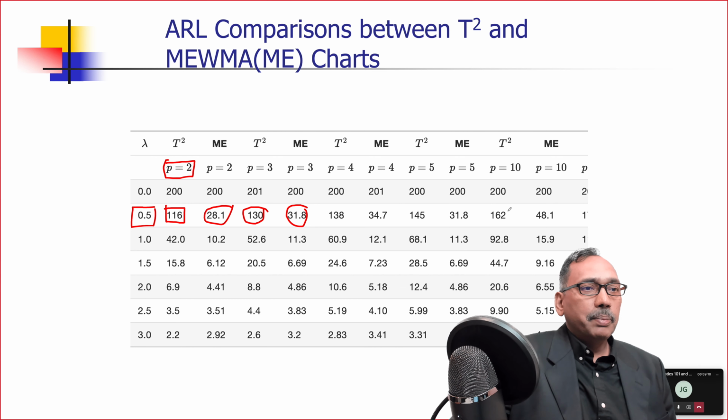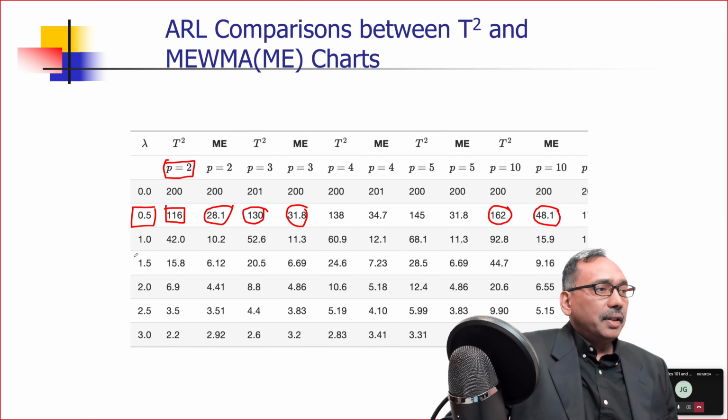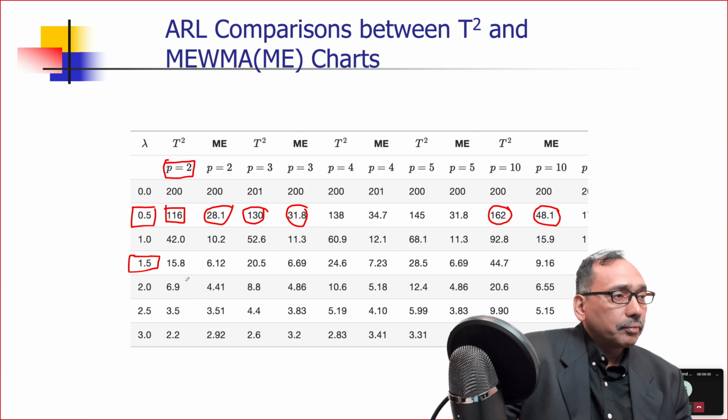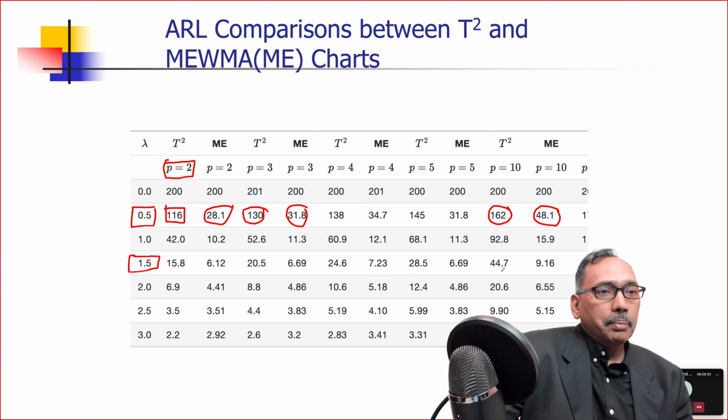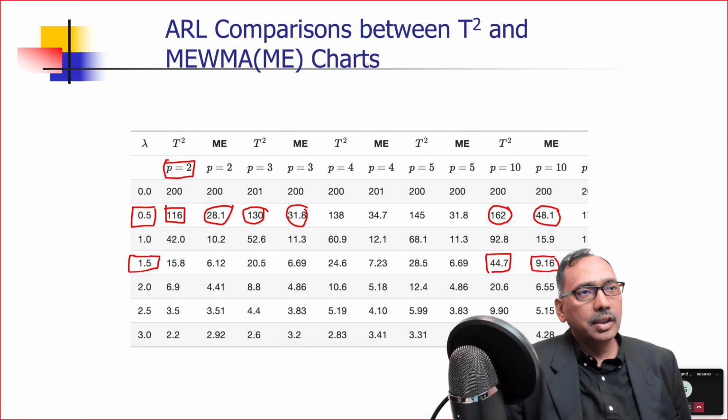So more variables means this is going to increase at a much steeper rate, T-square 162, but this one is still 48. If you have a shift non-centrality parameter to detect a smaller shift of 1.5, compared with p equals 10, you can see 44 and 10, almost 10. So more than 4 times more runs are needed on a T-square chart.